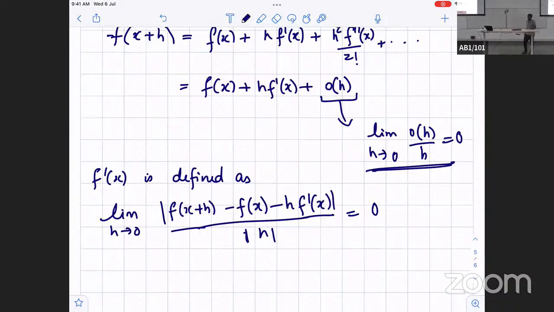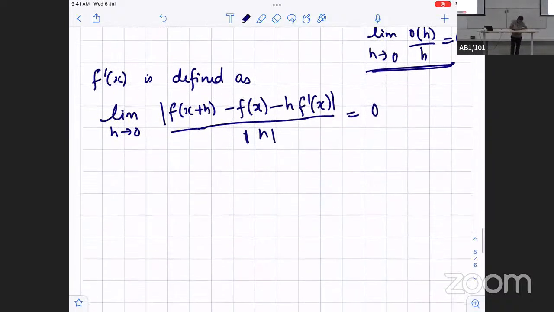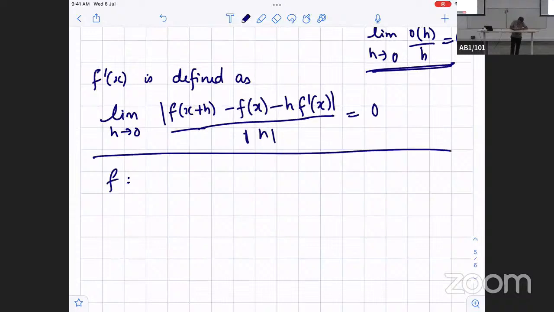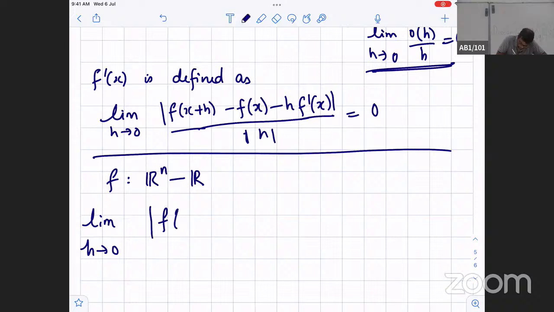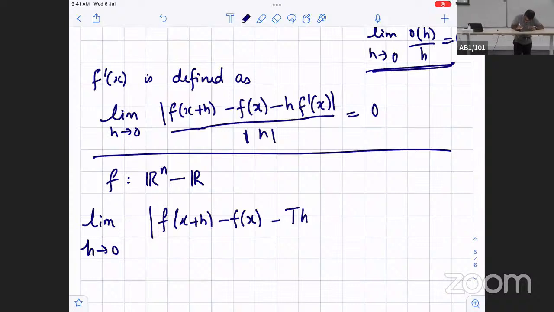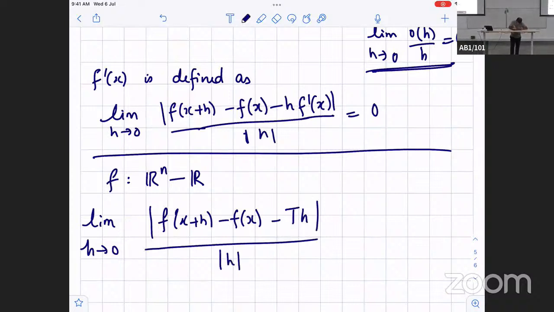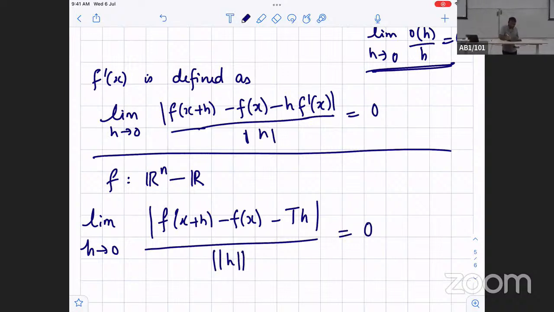Okay, so why all this story is because now we are ready to define derivatives for functions from Rn to R as follows, which is limit h tending to 0. Any function t, okay.